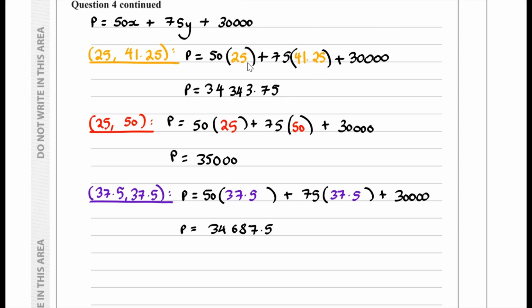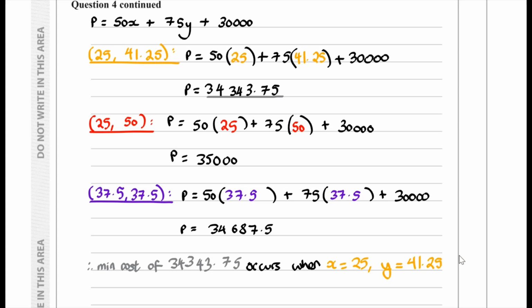So the minimum cost, you'd find that to be this value over here, and therefore this min cost of 34,343.75 occurs when x equals 25 and y equals 41.25.